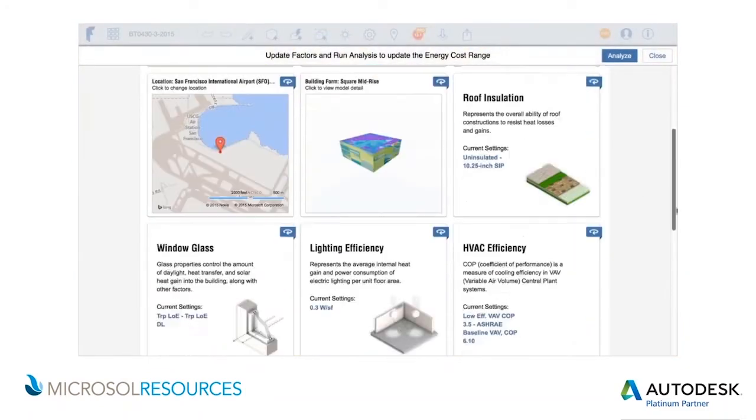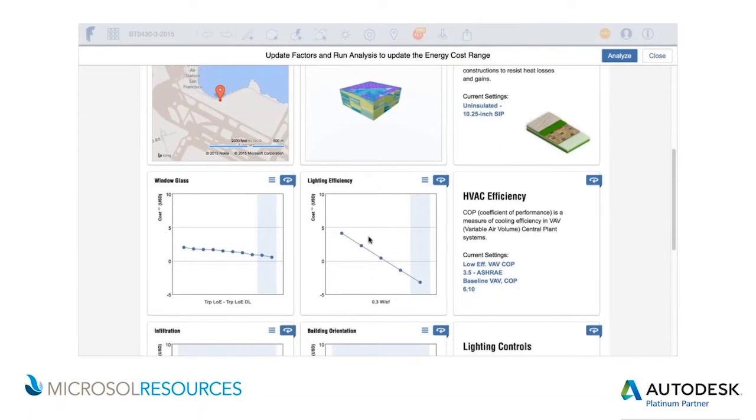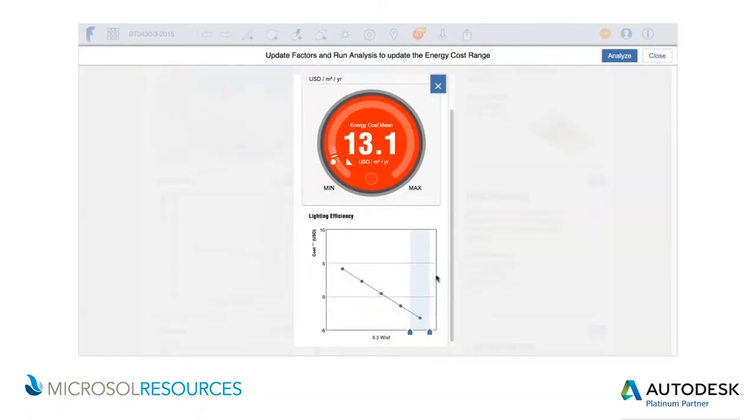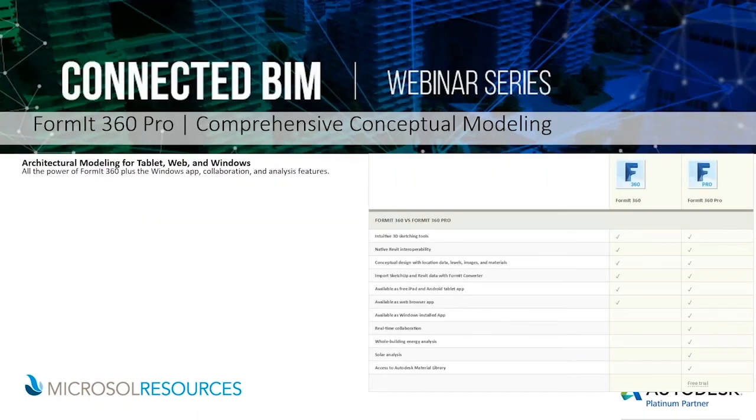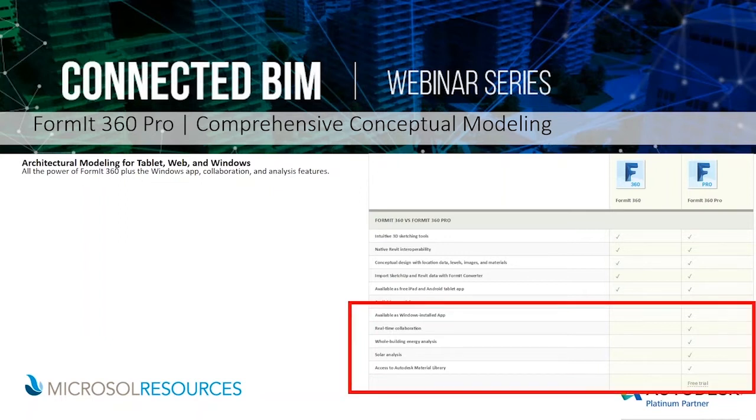You'll be able to see this kind of interface, which shows all the information we've analyzed, shared, or created within our models. To summarize, FormIt 360 Pro is now part of the AEC collection. These pieces are integrated, so we don't need an additional subscription or additional functionality. This is all built in.